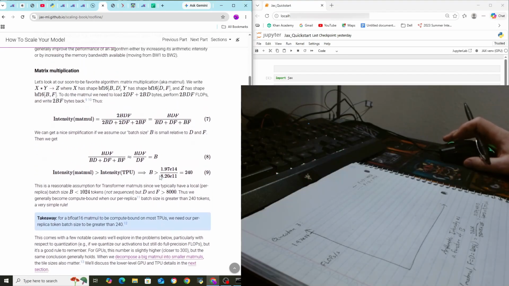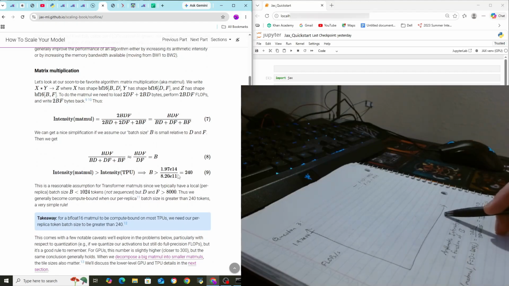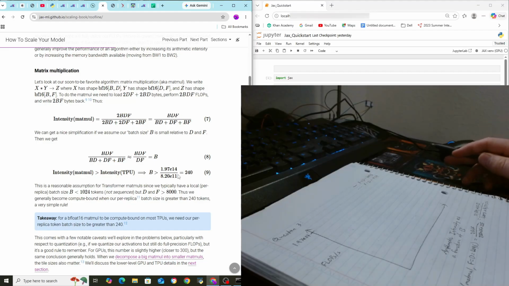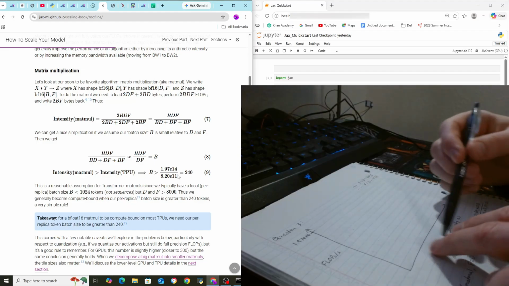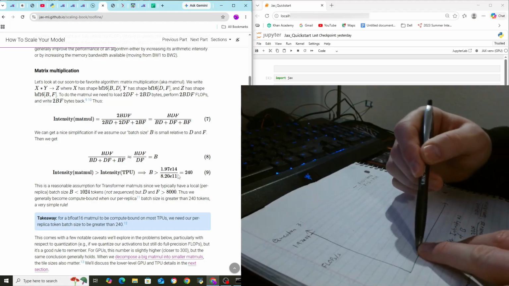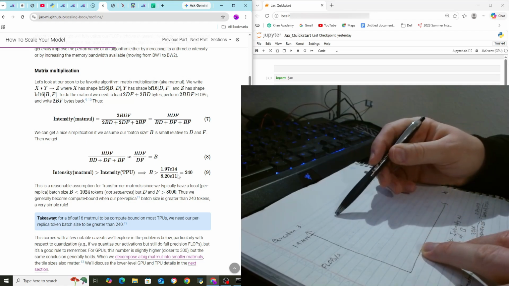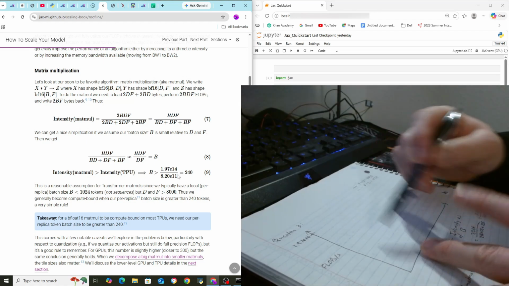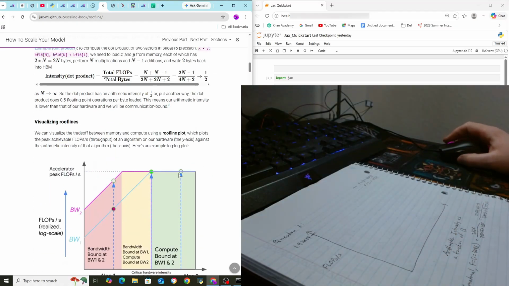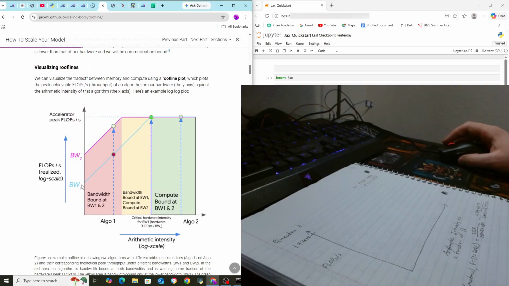Let's see. So we know the intensity of the TPU is 240, so we can put that wherever we like on here. Let me just think. So if we put 240 here, is the bandwidth a function of something? Why does this increase with arithmetic intensity?